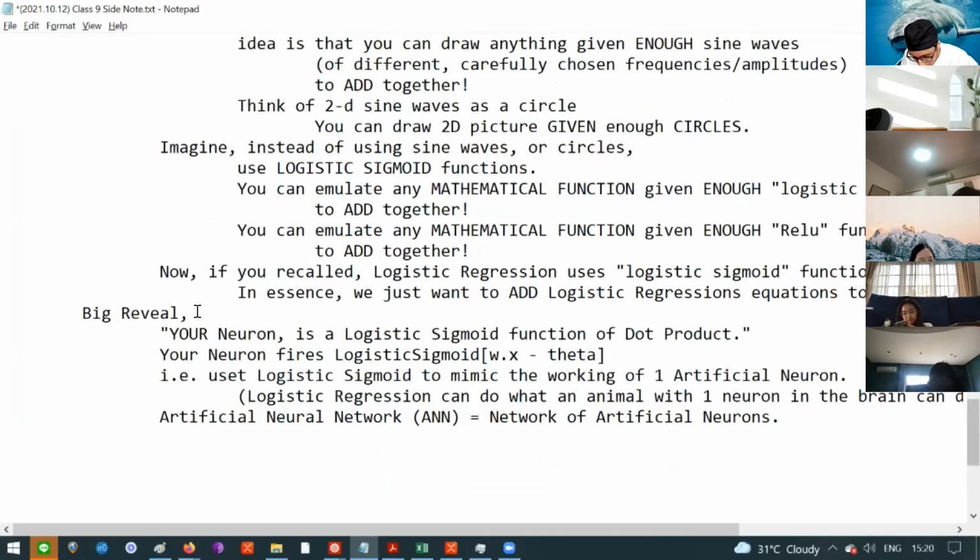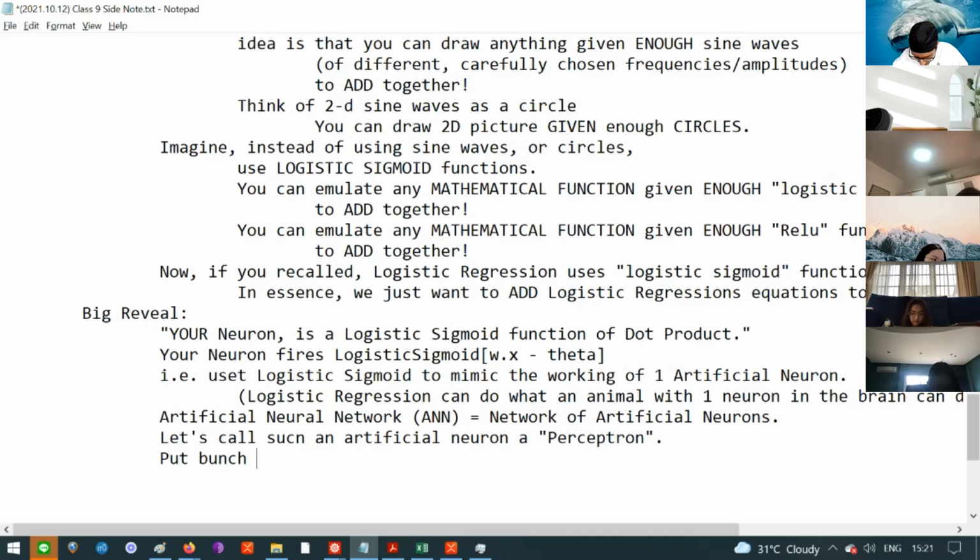Big review. Let's call such an artificial neuron a perceptron. Then put a bunch of perceptrons together into a layer.